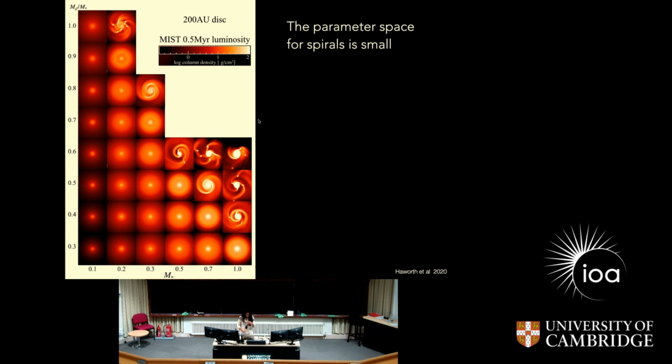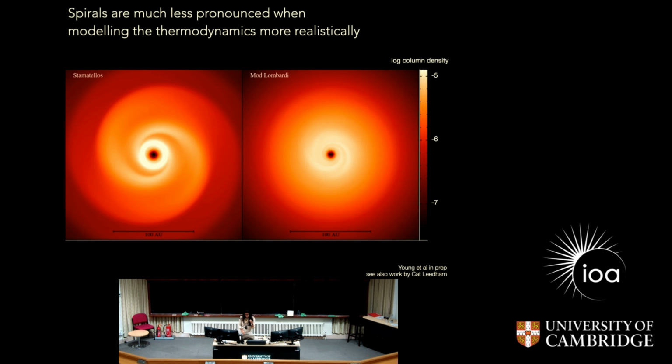Now, thinking about whether spiral structures actually exist or not, we can also think a little bit more about how well we're modeling these disks in terms of their thermodynamics.